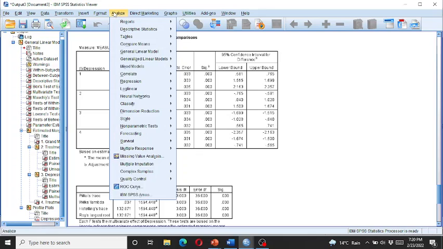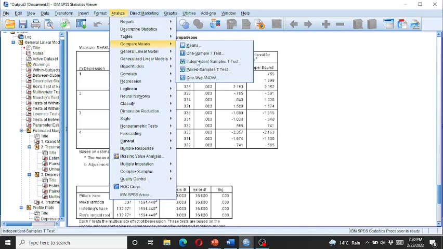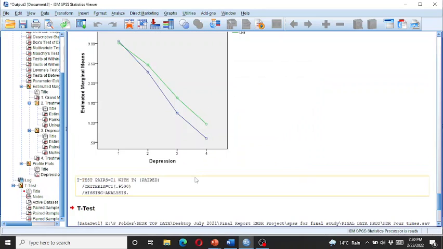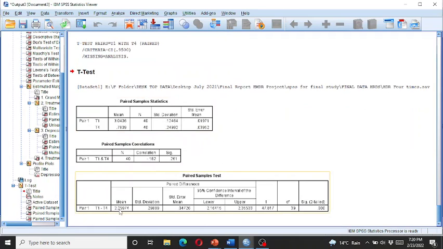Unfortunately, SPSS does not provide a t-test in this general linear model repeated measures analysis, so you simply go to the paired sample t-test and enter time 1 and time 4, click OK, and you get this same 2.26, rounded off as 2.26 or 2.25, and again it's significant. So this is how you can get the t-test and know whether the changes that have occurred are significant or not.